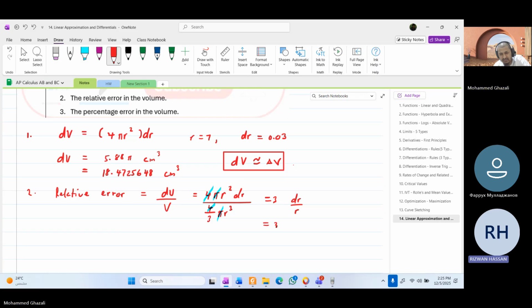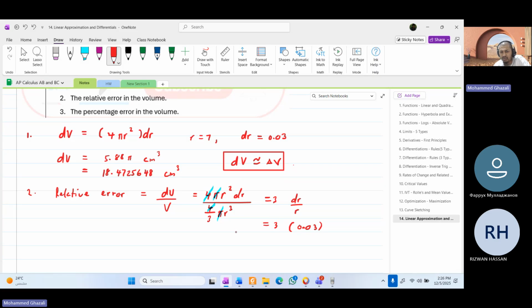This 18.47 is with the pi and the 4, so it wouldn't have worked. It will work if we plug it in that way, but then we'll have to solve for 4 over 3 pi r cubed. No, nothing to solve.